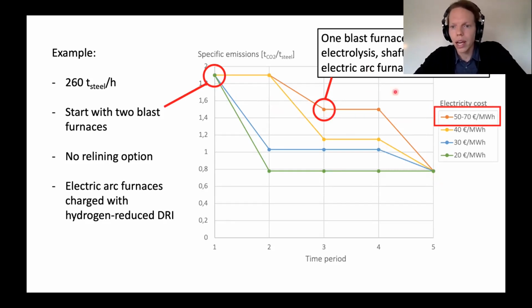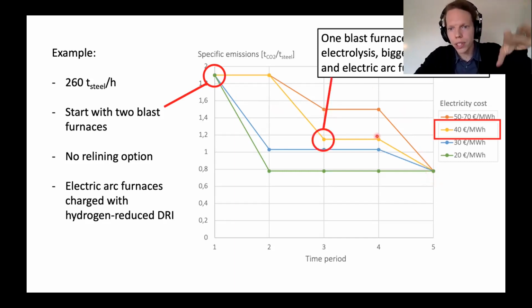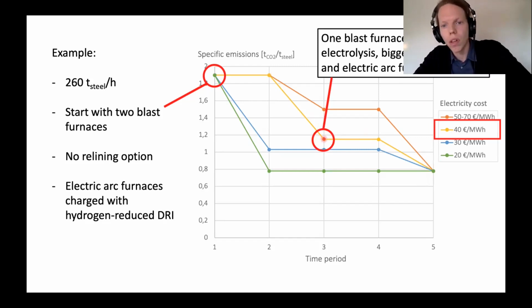And then after 20 years, we also replace the second furnace. And the only difference with the middle solution here with the 40 euro per megawatt hour electricity cost is that we move more of the production to this hydrogen-based reduction. We build a shaft furnace with a bigger capacity. And this leads to these decreased emissions after 10 years.